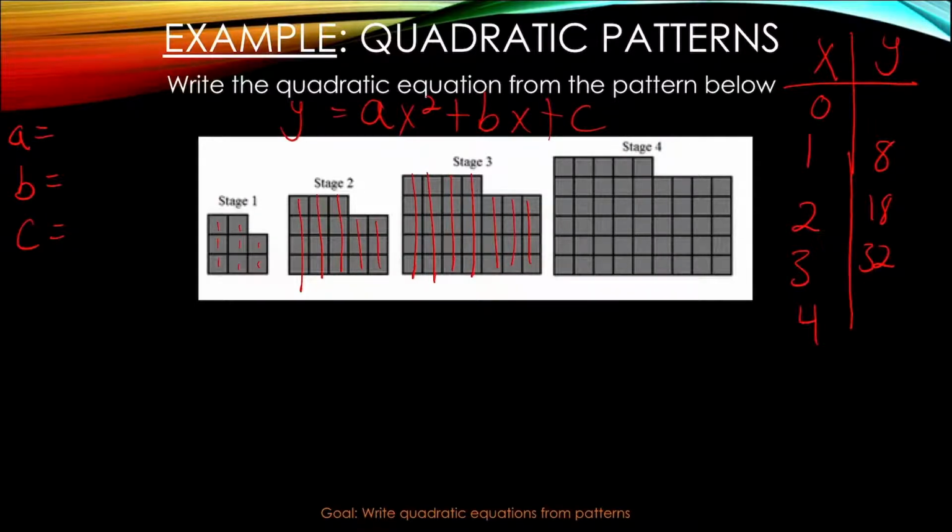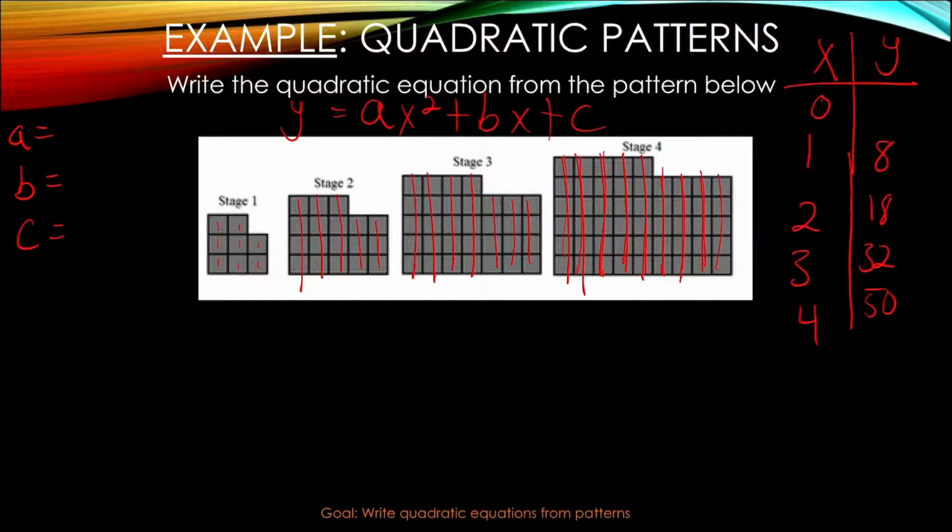Then we have 6, 12, 18, 24, 30, 34, 38, 42. Did I do that right? 1, 2, 3, 4, 5, 6, 12, 18, 24, 30. This is 35, 40, 45, 50. There we go. So there's 50.